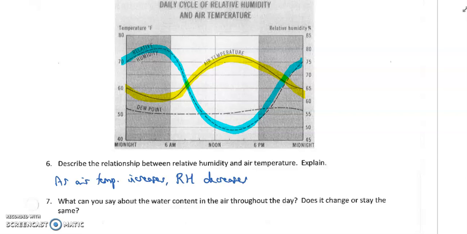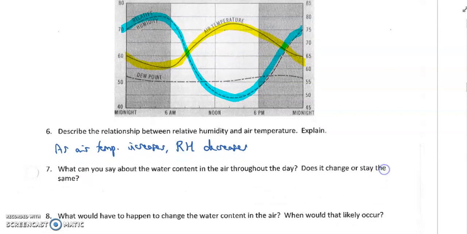It says, what can you say about the water content in the air throughout the day? Well, the water in the air stays relatively constant. We're not actually changing what the actual amount of water is. It does change from time to time. Typically, we think about this as changing weather, so fronts are coming through, and we'll discuss this more when we talk about weather systems. But the relative amount of water in the air is pretty constant for any particular day.